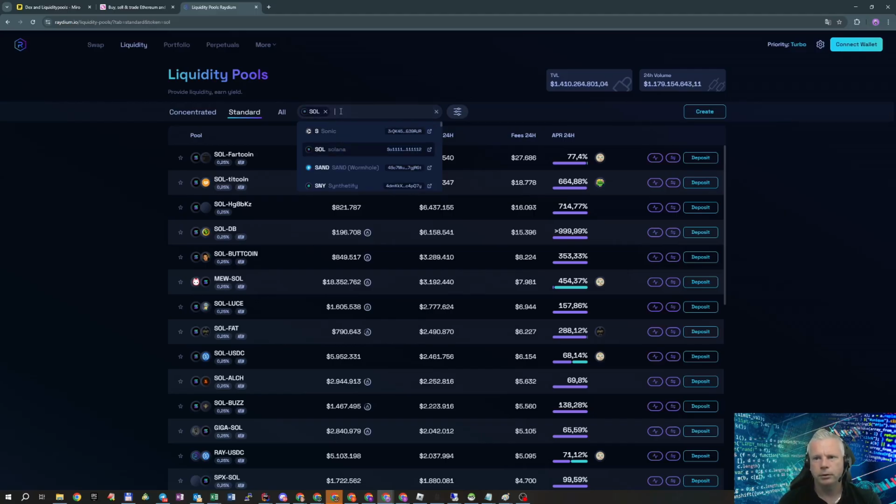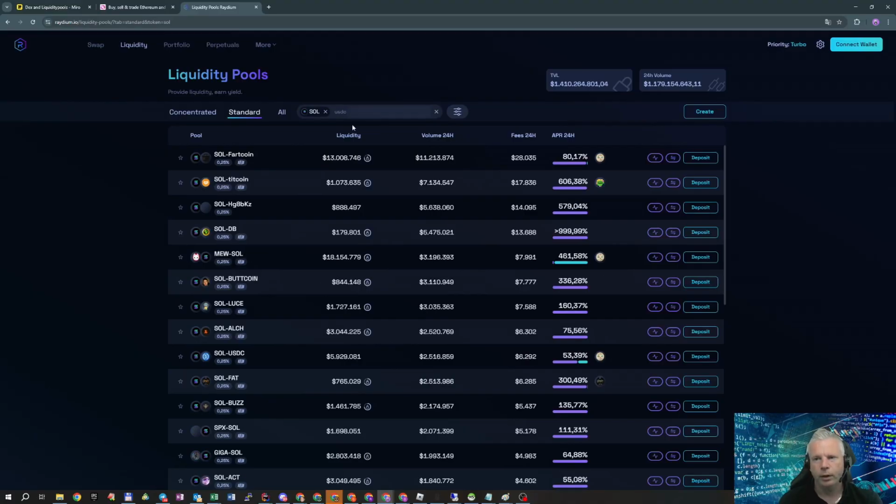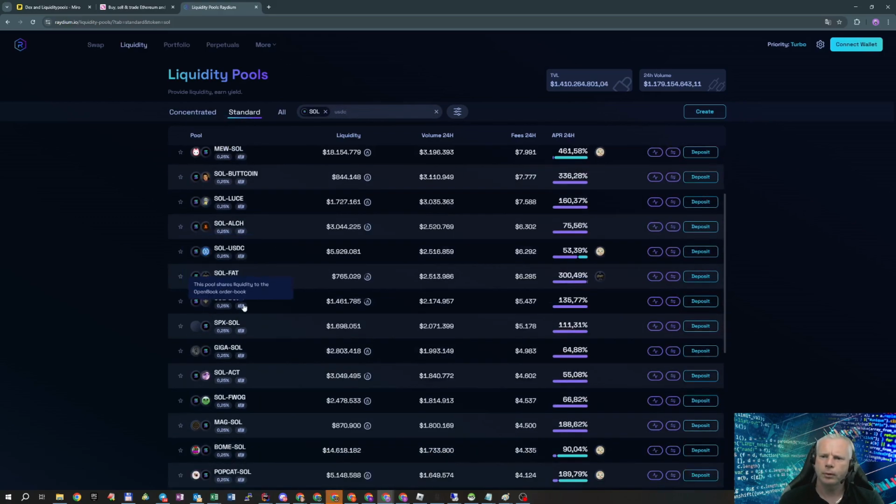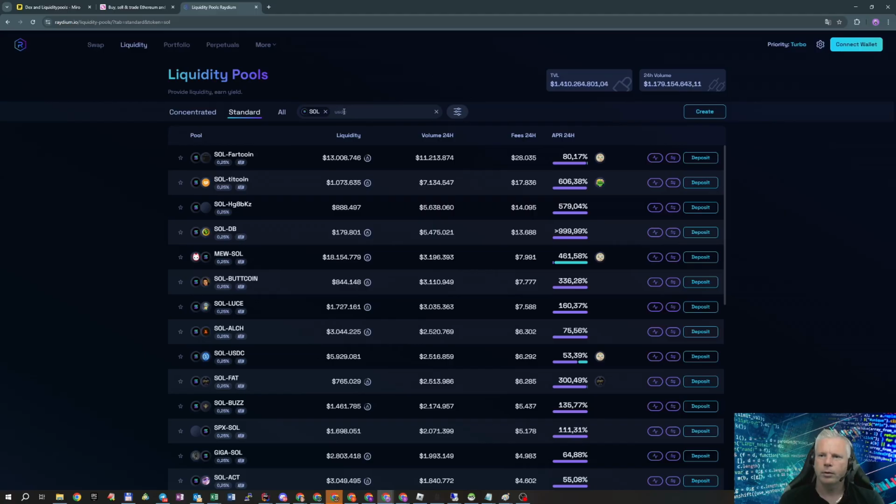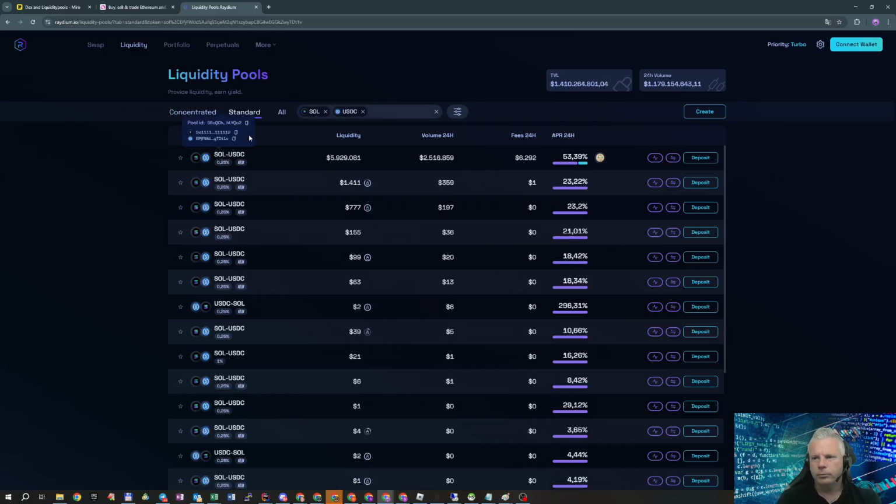We're just selecting them because there are so many pools, and I'm trying to select USDC. Ah, there it is. Well, here you can see there is a liquidity pool with almost $6 million in it.